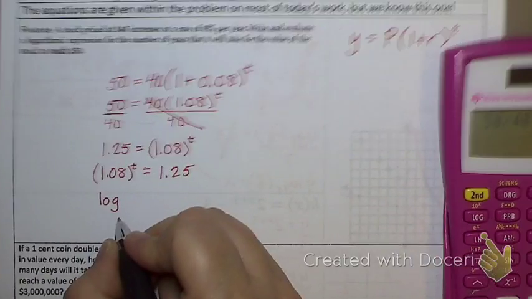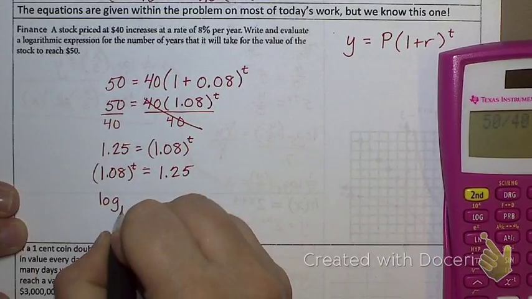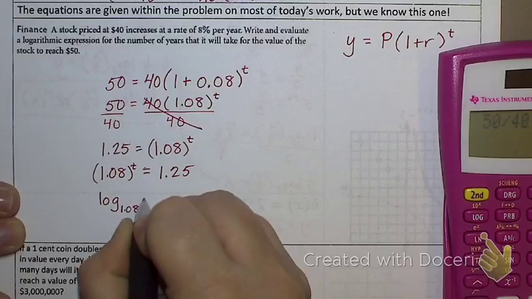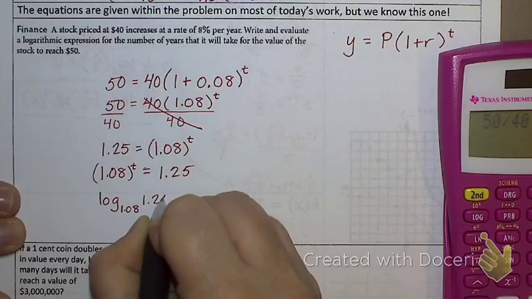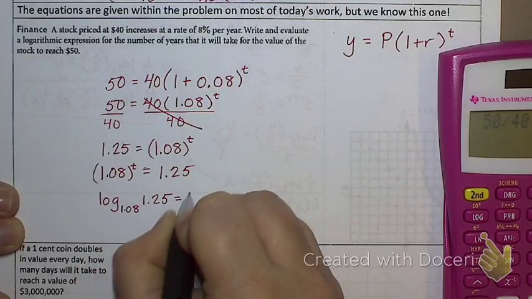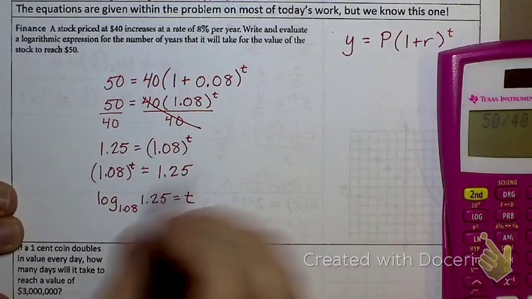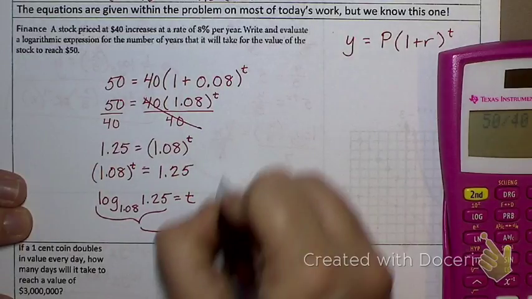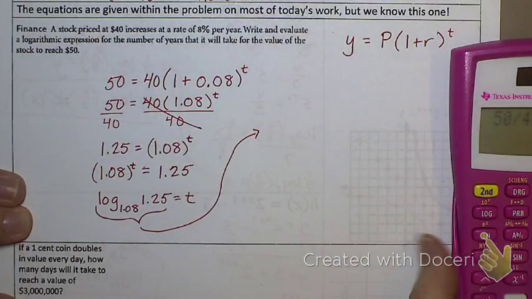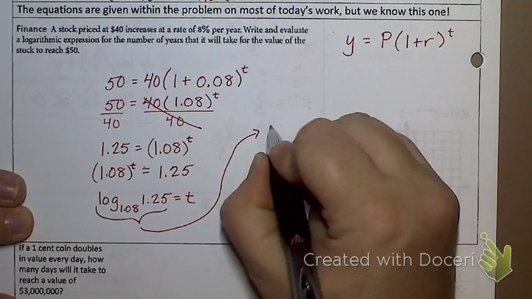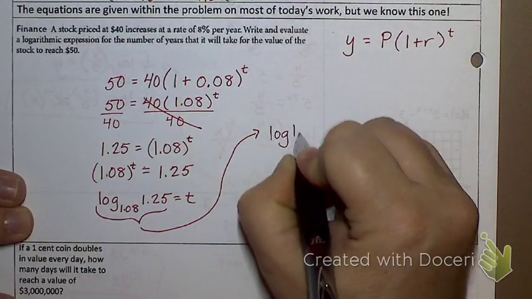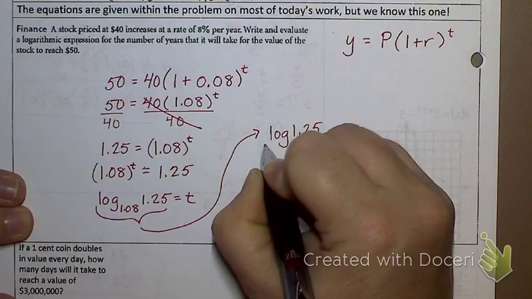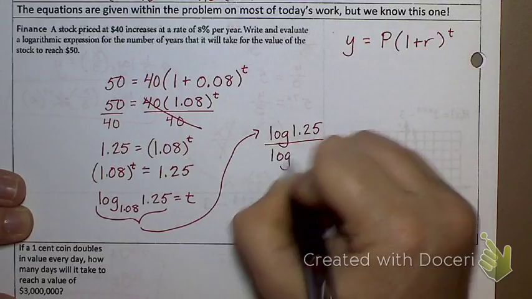What is it? 1.08 of what? 1.25 equals t. So I've got t as soon as I can solve this. How do I solve that? You did it on last night's homework. Change of base. Log of 1.25 divided by log of 1.08.